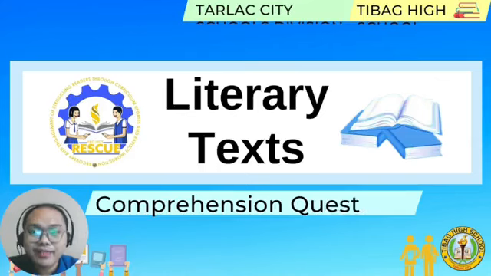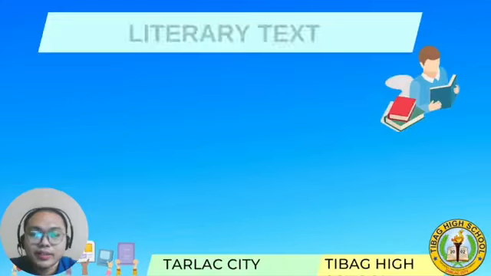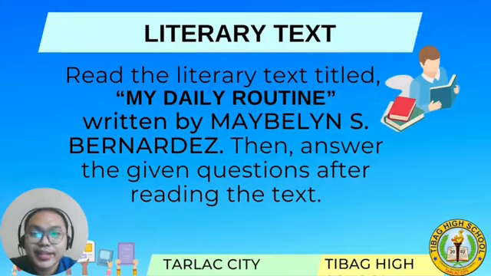First, let's have comprehension questions under literary text. First, let us read the literary text titled My Daily Routine, written by Maybelline S. Bernardes. Then, answer the given questions after reading the text.